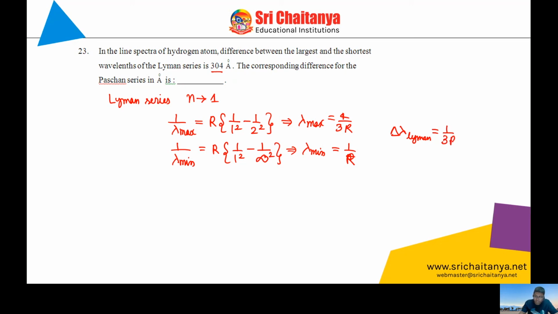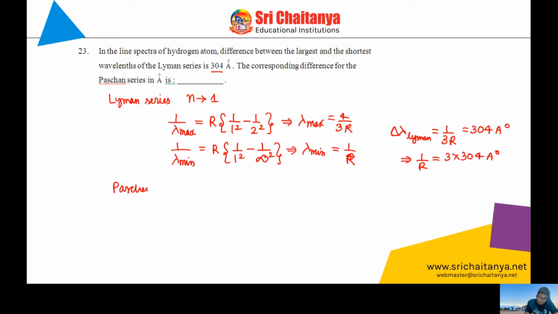Okay, and that has been given to us as 304 angstrom, and this allows us to write 1 by R is equal to 3 into 304 angstrom. So that is given to us, and now we are required to find out the corresponding difference in Paschen series.